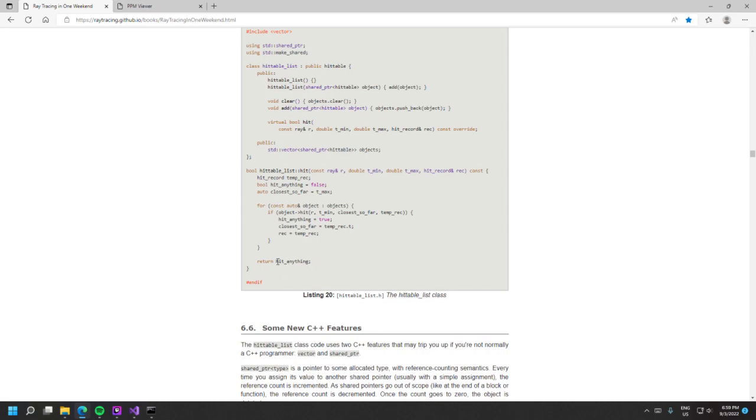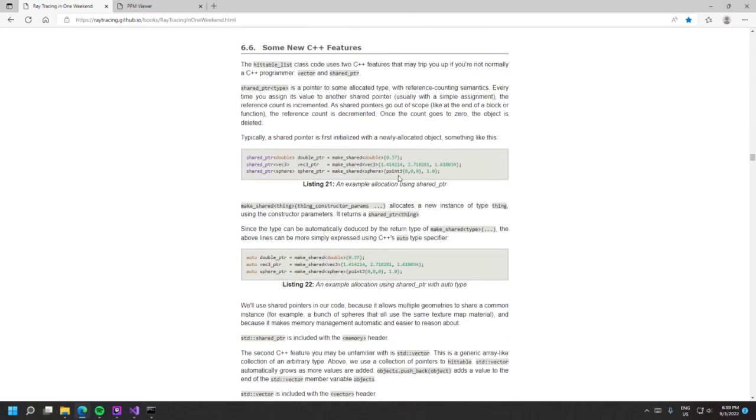If it hits anything, then it returns true. Otherwise, it returns false. It goes through every object until it hits anything. Yeah, this is what it does. And I think this function looks a lot more complicated than it really is. It is just doing the hits for the whole array.